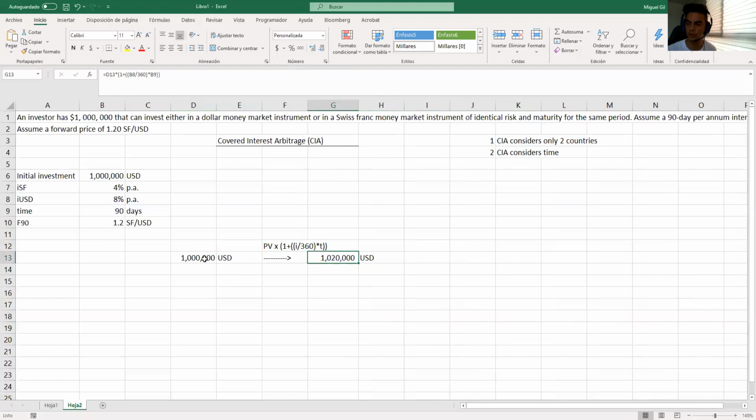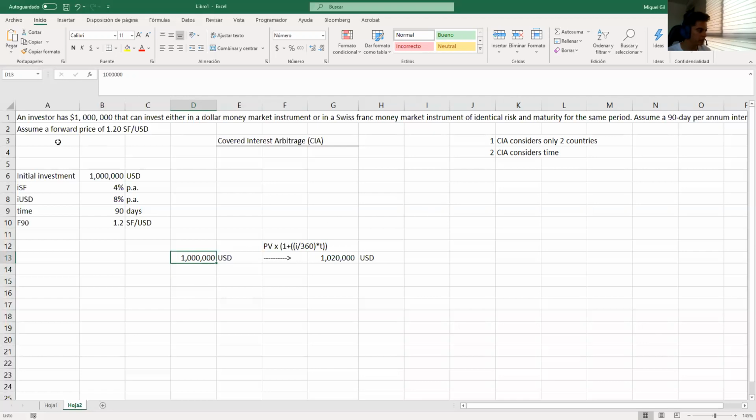Now let's do option number 2. Option number 2 is to convert your dollars to Swiss francs, invest in Switzerland, and then come back to the US, and let's see if we get more money. So to convert my dollars to Swiss francs, what interest rate should I use?